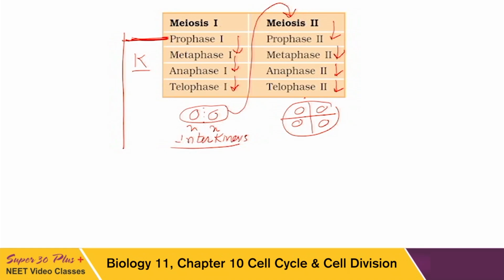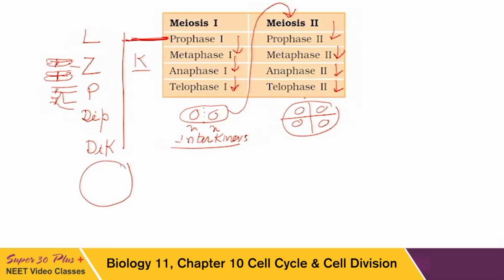These are denoted as leptotene, zygotene, pachytene, diplotene, and diakinesis. In zygotene there will be homologous pairing of the chromosomes. In pachytene there will be exchange of genetic material between the homologous chromosomes, which is known as crossing over.